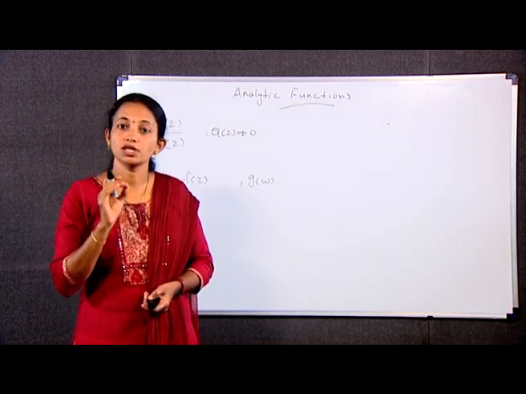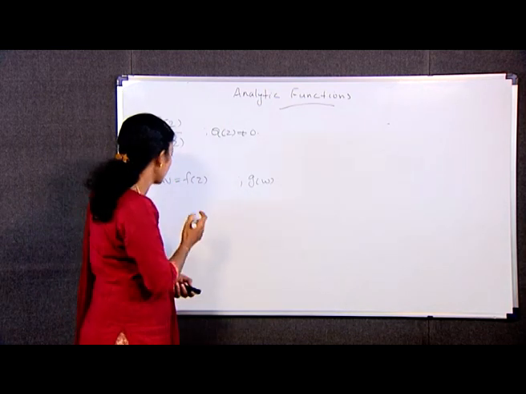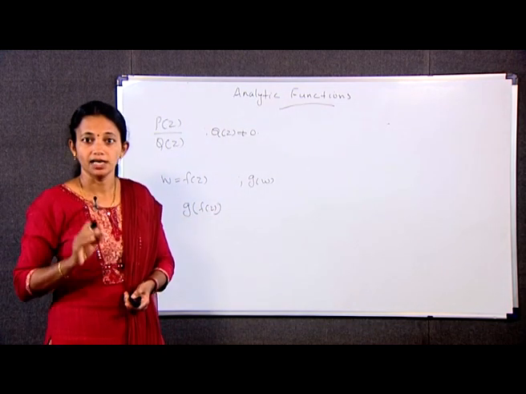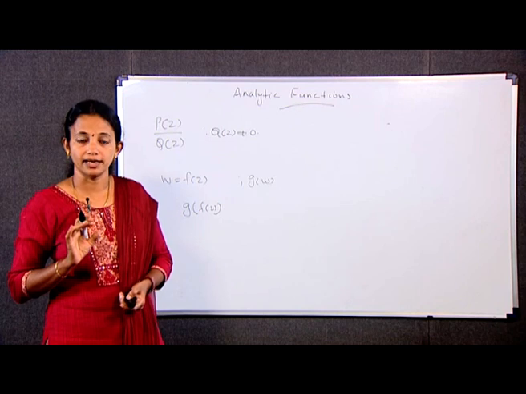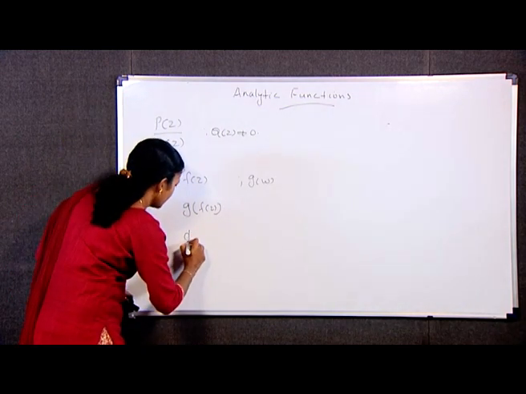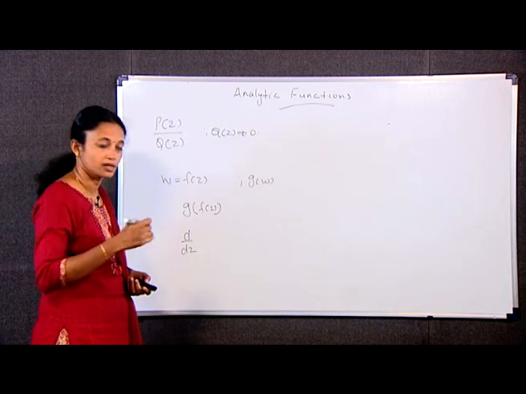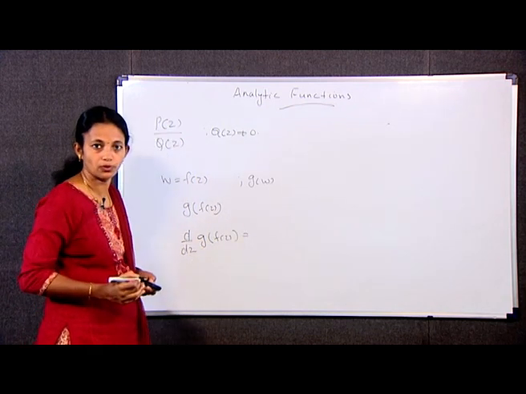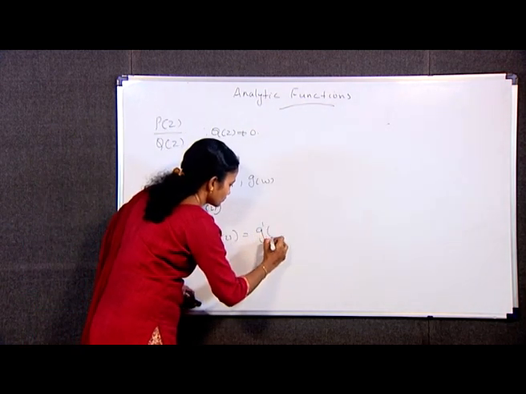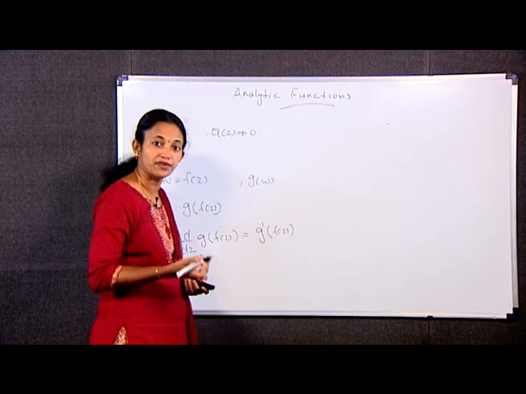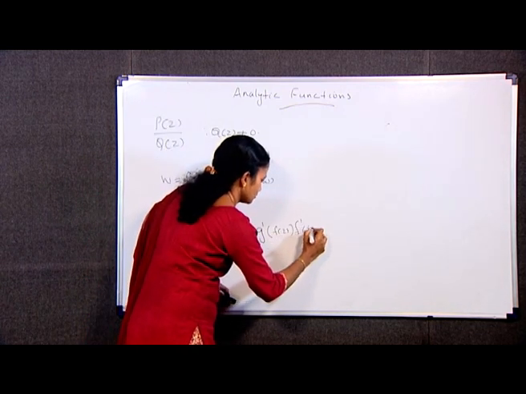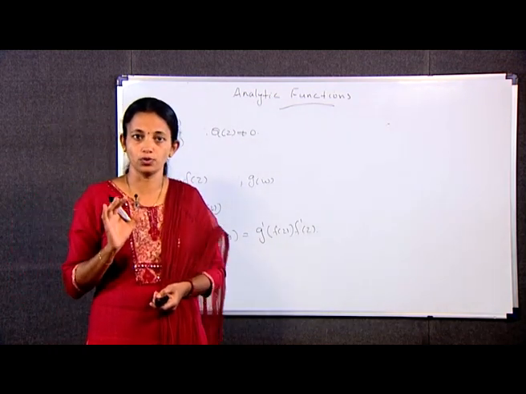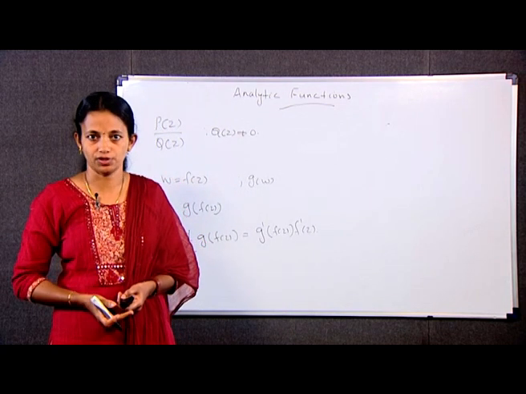Then the composition G of f of z is analytic in D and it has a derivative d by dz of G f of z, which is equal to G dash f of z into f dash of z. The proof of the above follows from the chain rule for the derivative of a composition function.